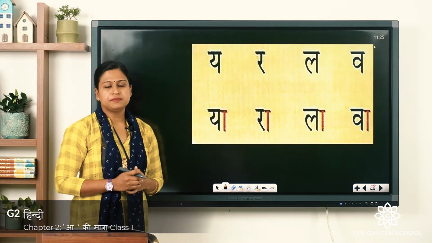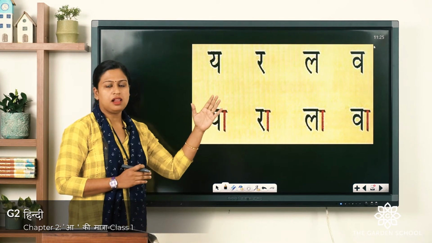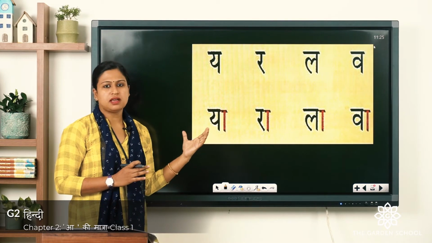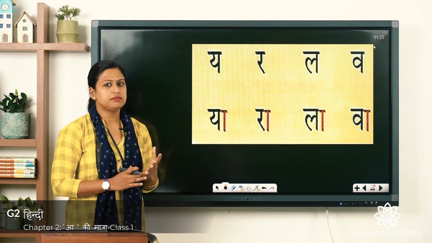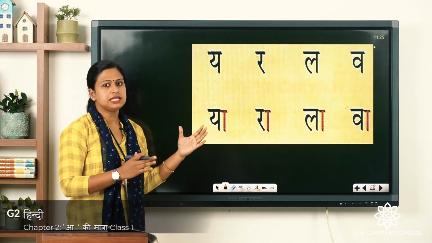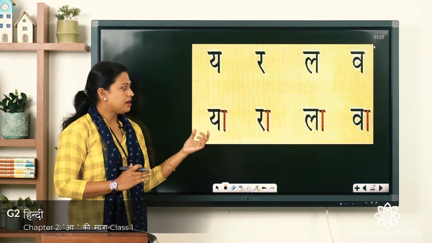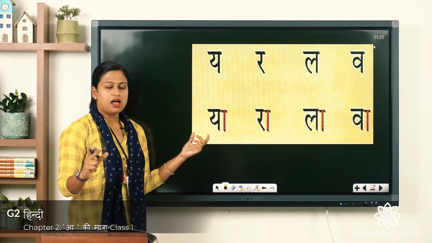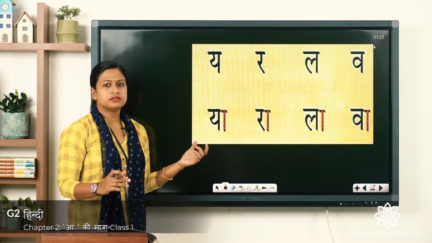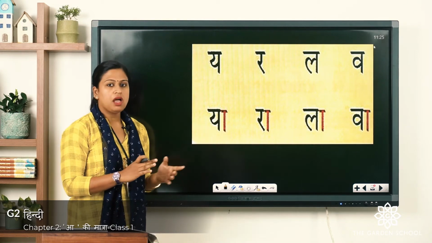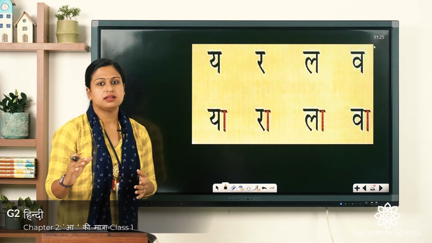Next set of consonants, ya, ra, la, va. So let's see how it sounds when we add the Aa symbol. You have to repeat it along with me. Yaa, raa, laa, vaa. It all starts with the consonant sound but ends with the Aa sound.